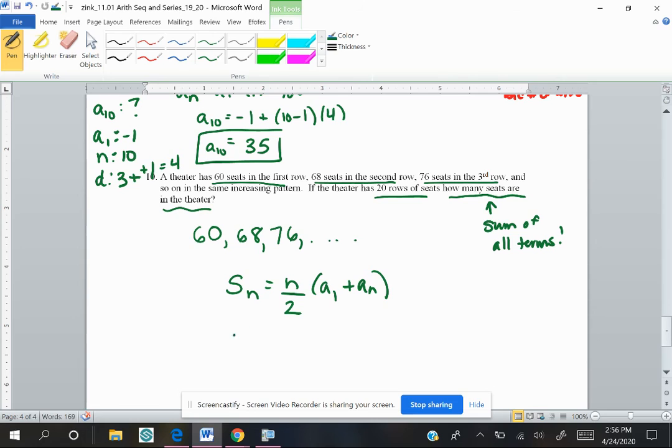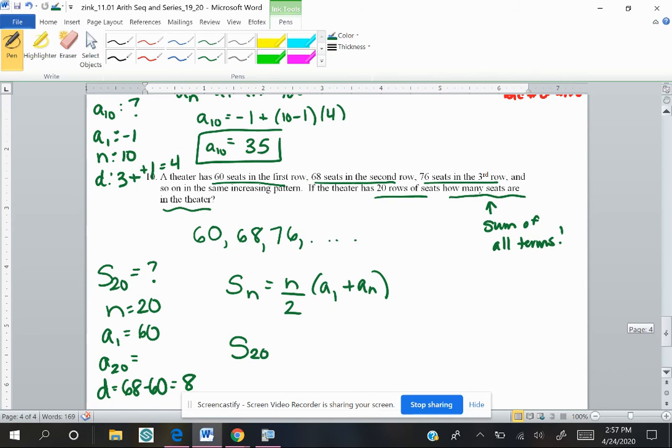To find the sum of the first 20 rows, if that's our total theater, we're looking for S sub 20. We don't know what it is. N is going to be 20, that's how many rows we have. Our first term is going to be 60. Our 20th term, we don't know, but we need it. And our common difference is going to be our second term minus our first. So each row, we're increasing by 8 seats.